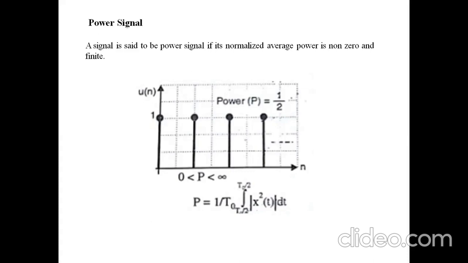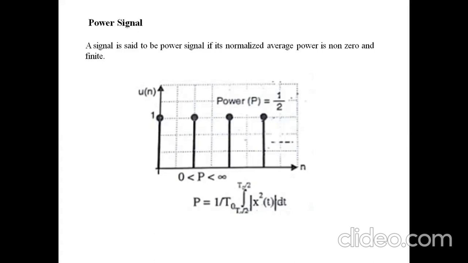The definition of power is written as P is equal to 1 upon T times the integral from minus T0 by 2 to T0 by 2 of mod x square of t dt.